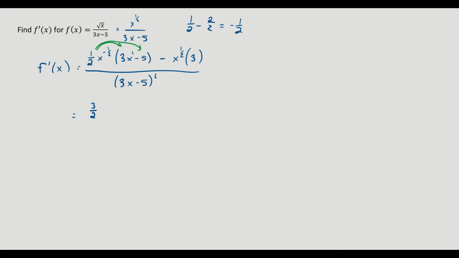So you add the exponents, giving me x to the 1/2. And then I distribute 1/2 times 5 is 5 halves, and then x to the negative 1/2 goes along with it. Moving over, we have minus 3 times x to the 1/2. And it is still all over 3x minus 5 squared.